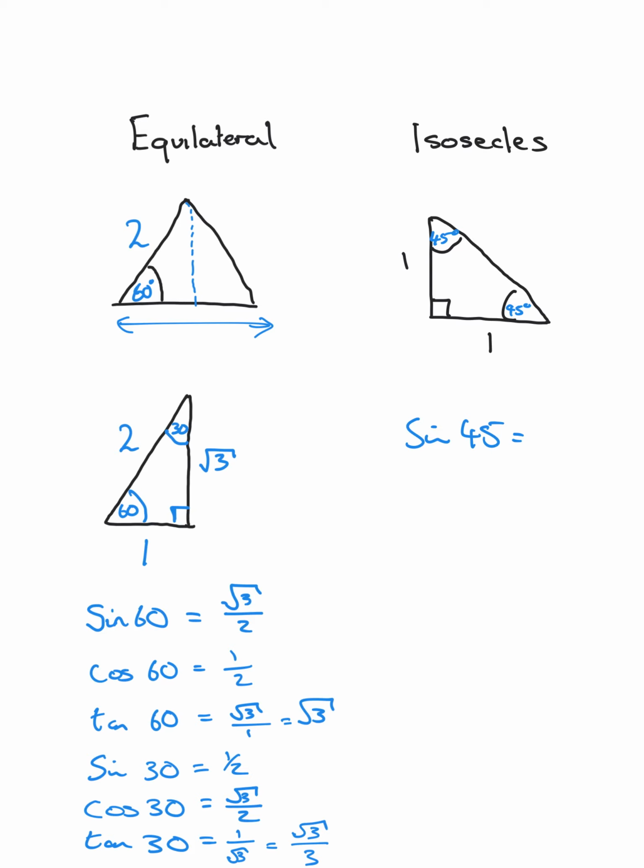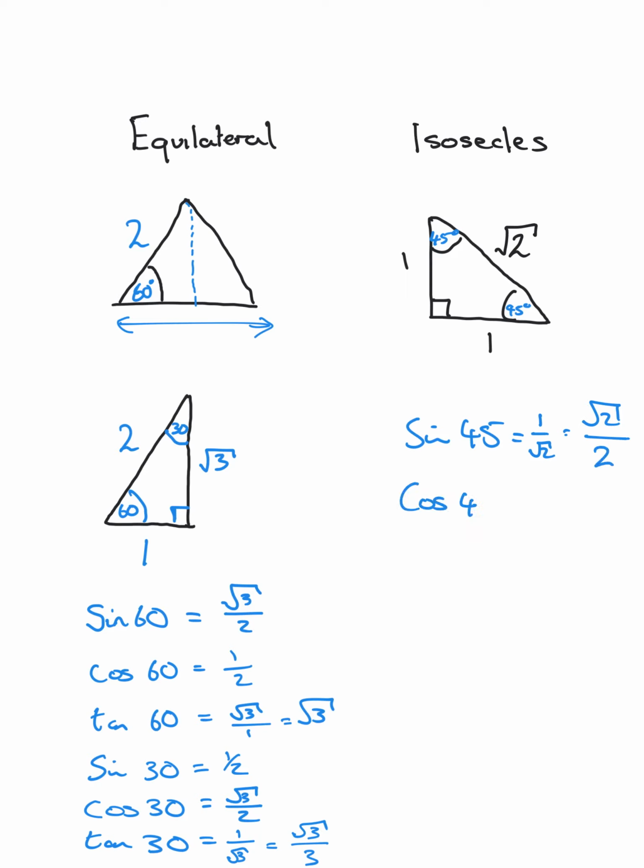Oh hang on, I haven't labelled the hypotenuse, have I? So 1 and 1, using Pythagoras, this hypotenuse is root 2. So sine of 45, opposite over the hypotenuse, 1 over root 2, or root 2 over 2.